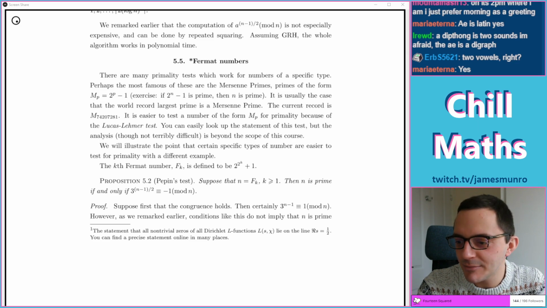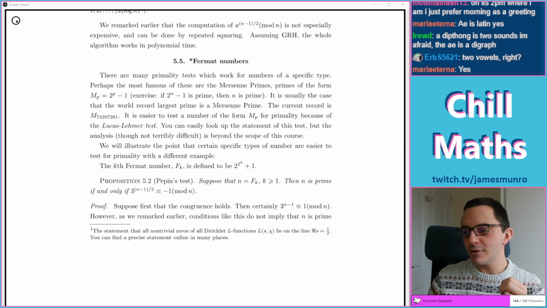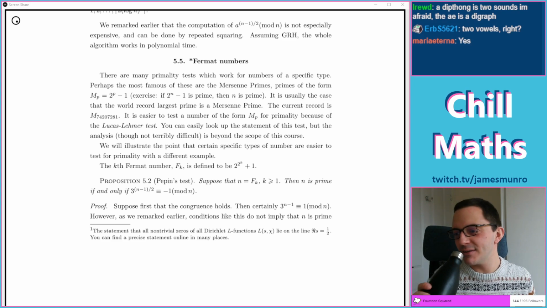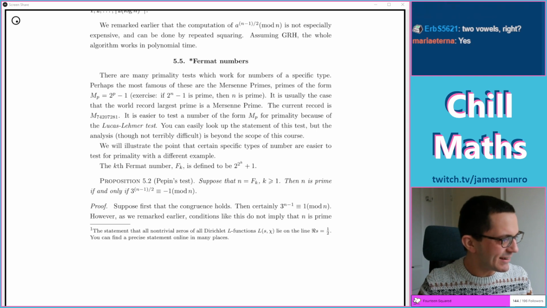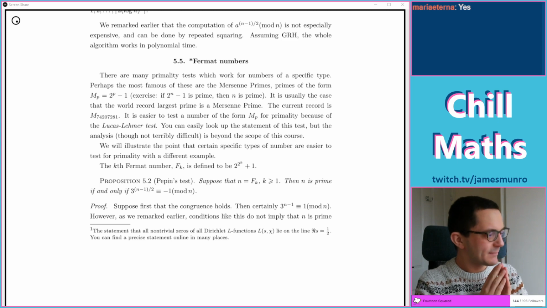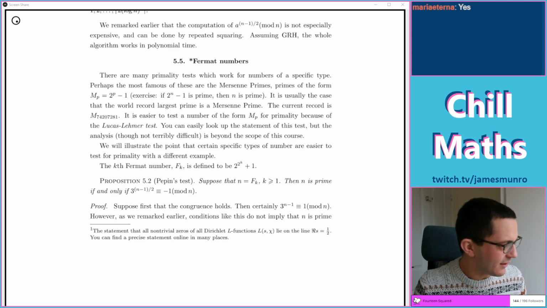Oh yeah, okay, right. I've been corrected. It's two vowels. Wait, what? What am I thinking of? A diphthong is two sounds. I've just got the wrong word. Oh no. I got my terminology wrong. Digraph. Is that, we're all talking about the same thing, right? I'm learning English as well. This is great. Huh.